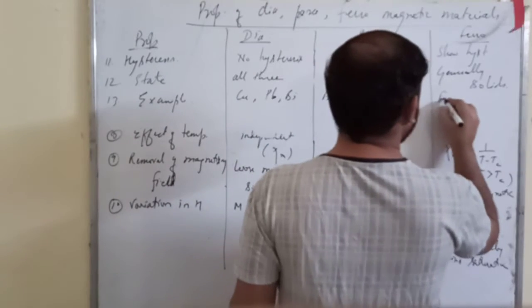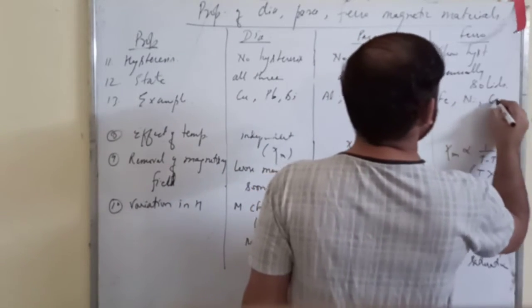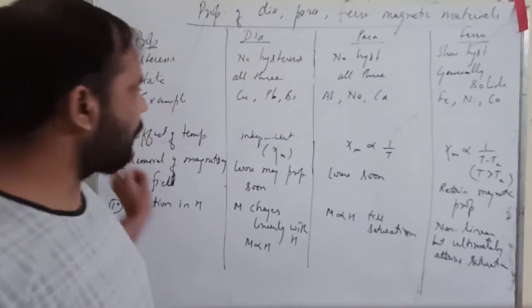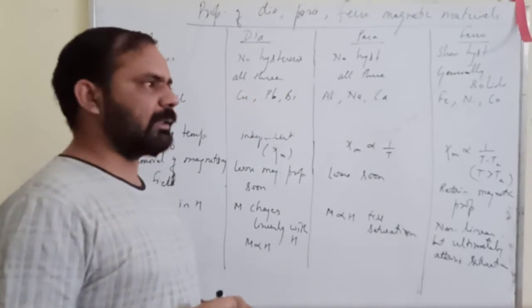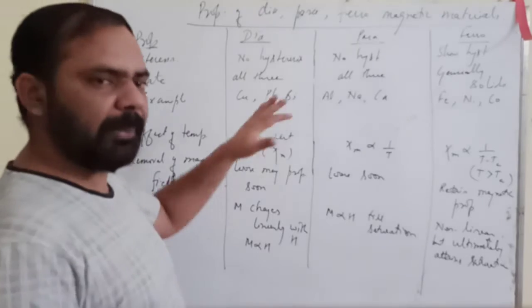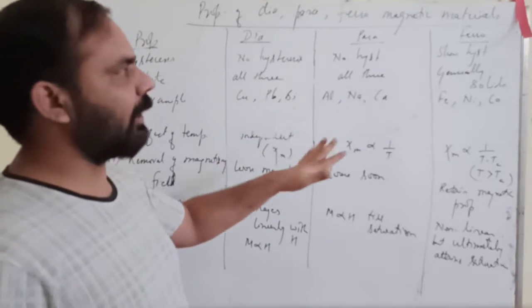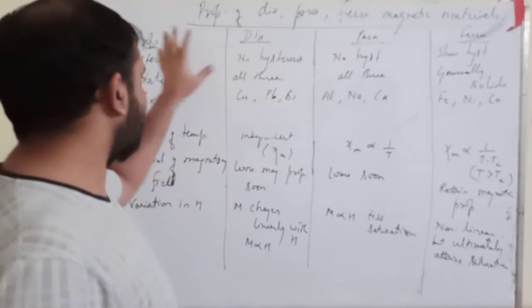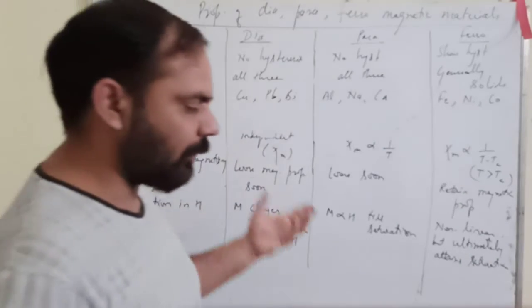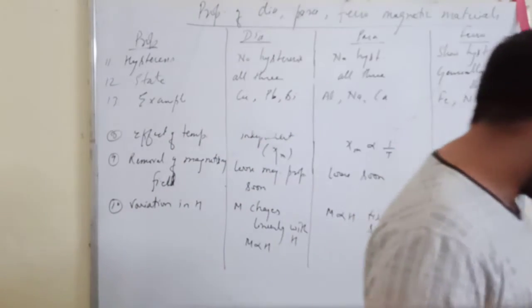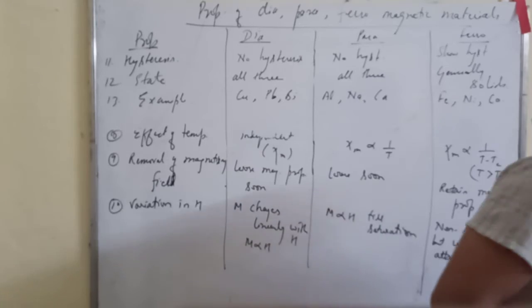Here you have iron, nickel, cobalt. So these are the examples. So these are the comparison. Now here we compared the different properties of all the three materials with different points, how they will behave.